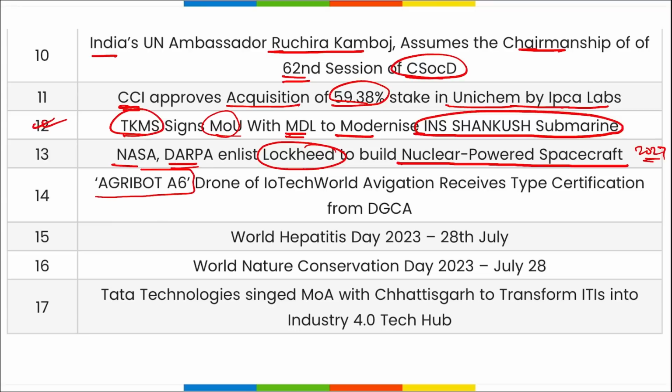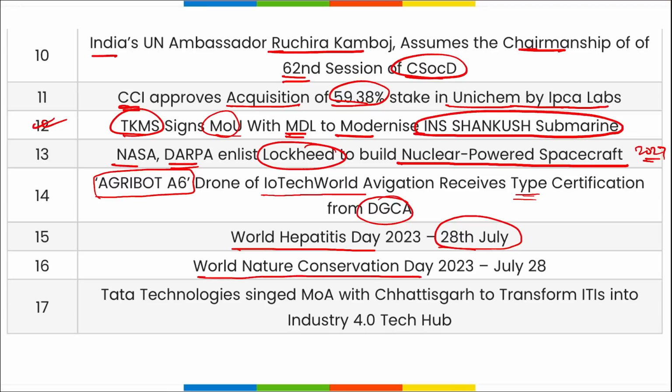Then Agribot A6, the name of the drone of IoT Tech World, has received the type certification from DGCA. Then World Hepatitis Day on 28th of July, World Nature Conservation Day on 28th of July, and Tata Technologies signed this memorandum of agreement with Chhattisgarh to transform ITIs into Industry 4.0 tech hubs. So these were your important current affairs for the day, friends.